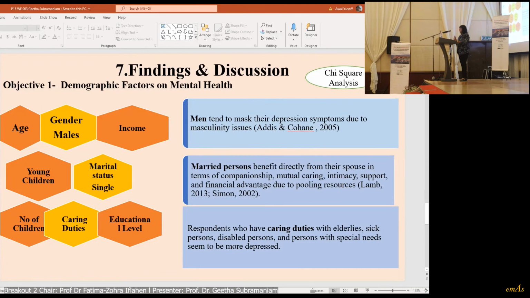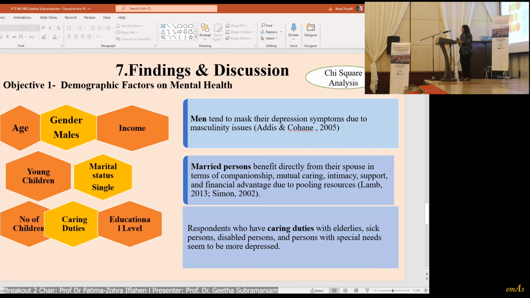We wanted to see whether there's any correlation between demographic factors and having mental health issues. I might have to repeat, mental health here was measured in terms of depression, stress, or anxiety only, these three.